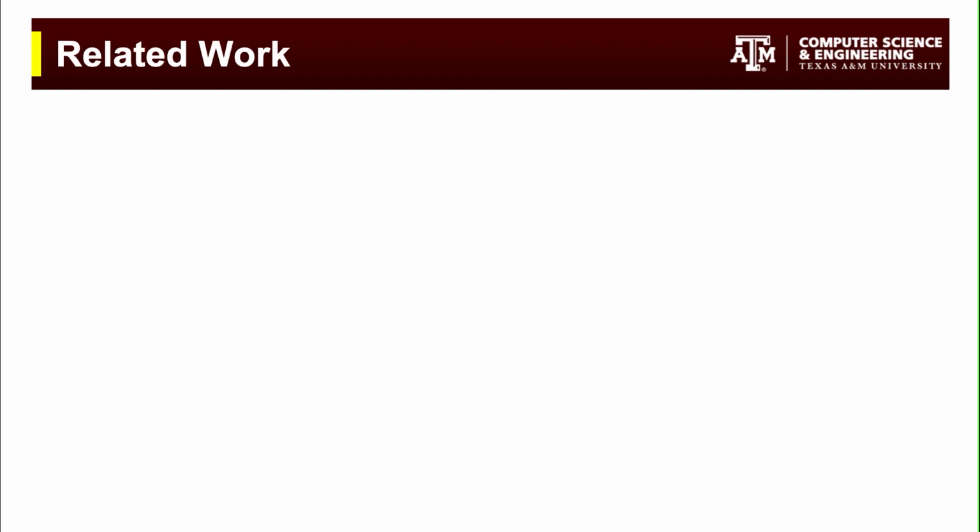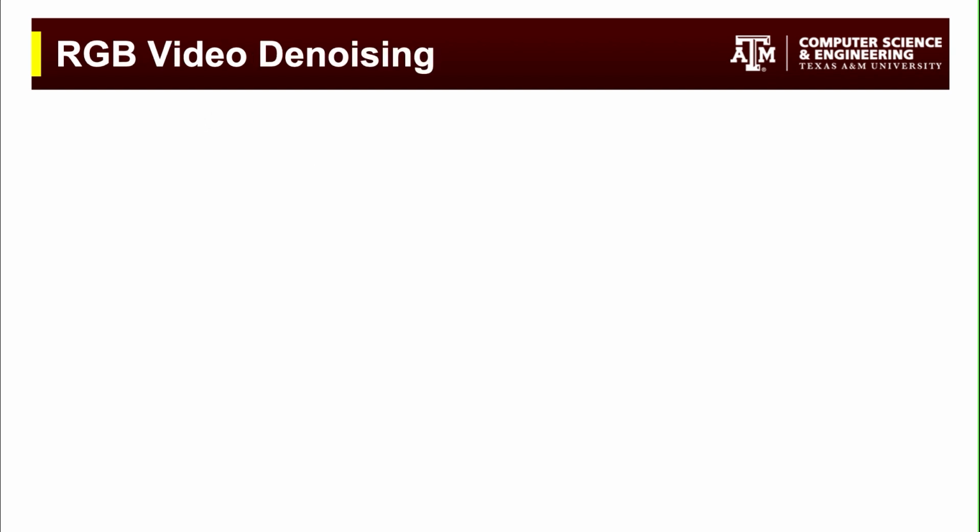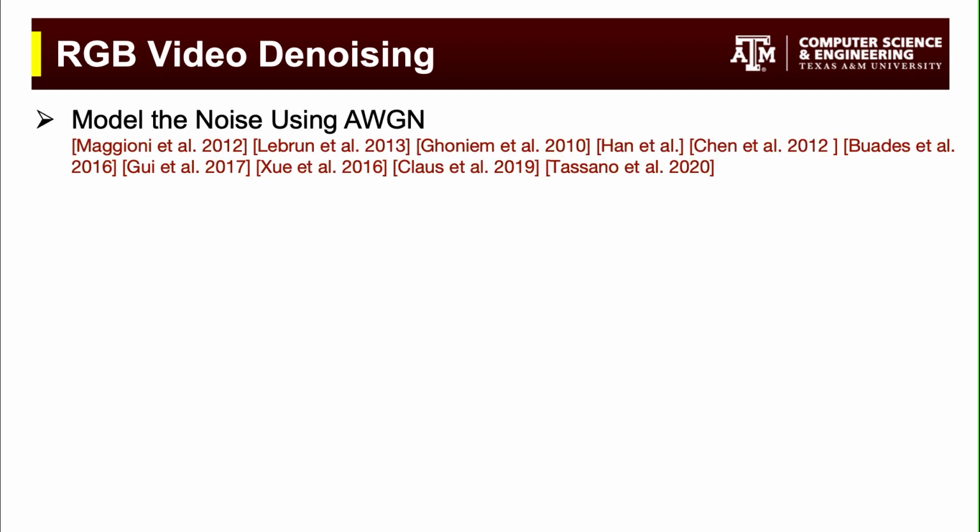There has been a lot of research on video denoising, which I'm going to discuss by categorizing them into two classes: RGB video denoising and raw video denoising. A large number of traditional and learning-based approaches have been proposed to denoise videos by modeling the noise using additive white Gaussian noise (AWGN).